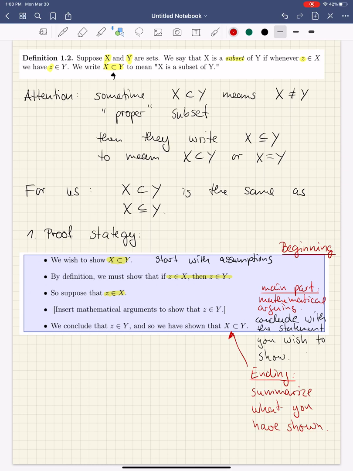Okay. So the next thing we're going to do is put this into action. We want to show that a certain set is contained in another set. So let's go to Proposition 1.3 in our lecture notes. Here we have two sets.